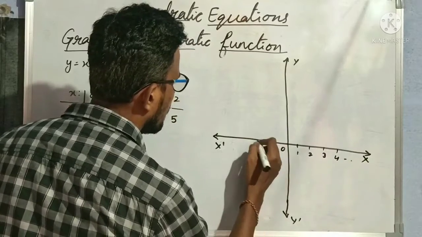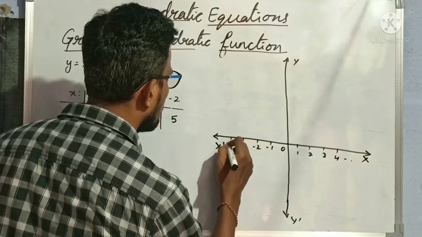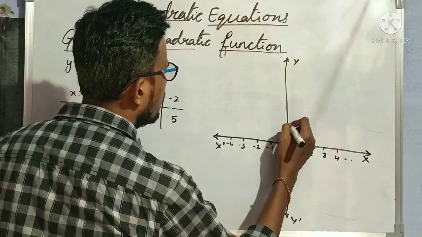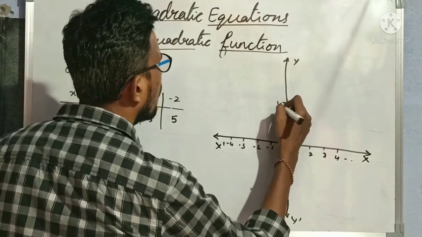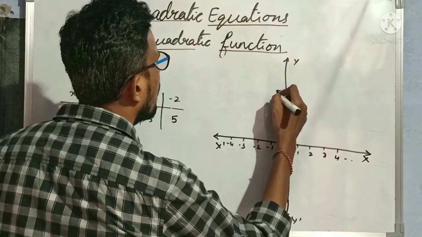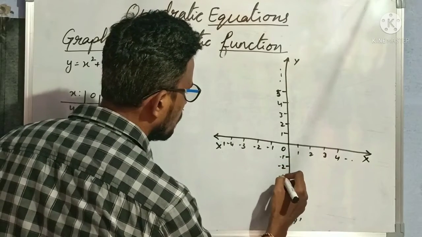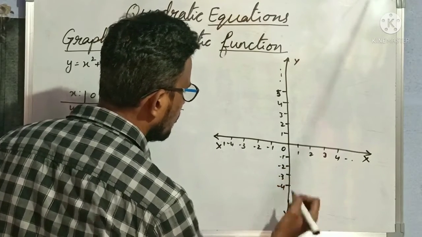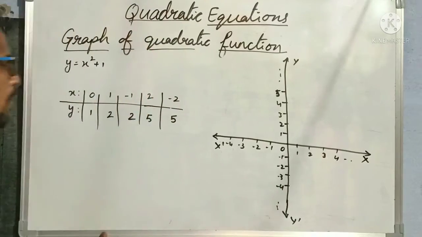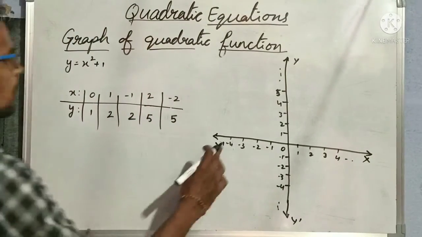Afterwards minus 1, minus 2, minus 3, minus 4. Then on the y axis again 1, 2, 3, 4, 5 and so on. Here also minus 1, minus 2, minus 3, minus 4 and so on. Okay.